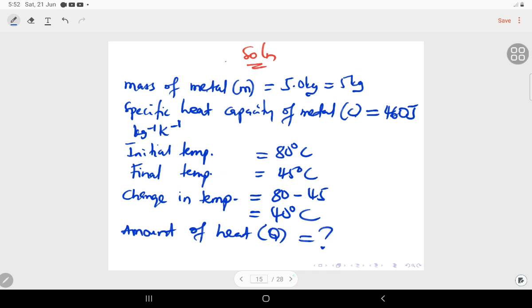So we know that C is equal to Q over M times theta. Then from this, if you want Q, Q is going to be M C theta. So let's move on to the next page and work it out.